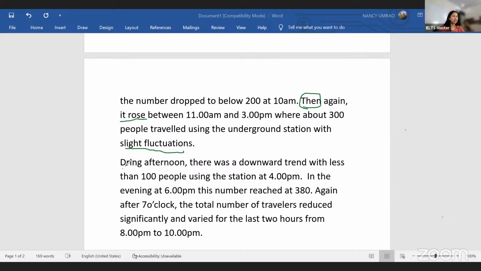Then during afternoon, there was a downward trend with less than 100 people using the station at 4 o'clock. In the evening at 6 p.m., again, see, whenever I am describing any line, any trend, either I am starting with this time phrase or I am starting with a connector. At 6 p.m., this number reached 380.